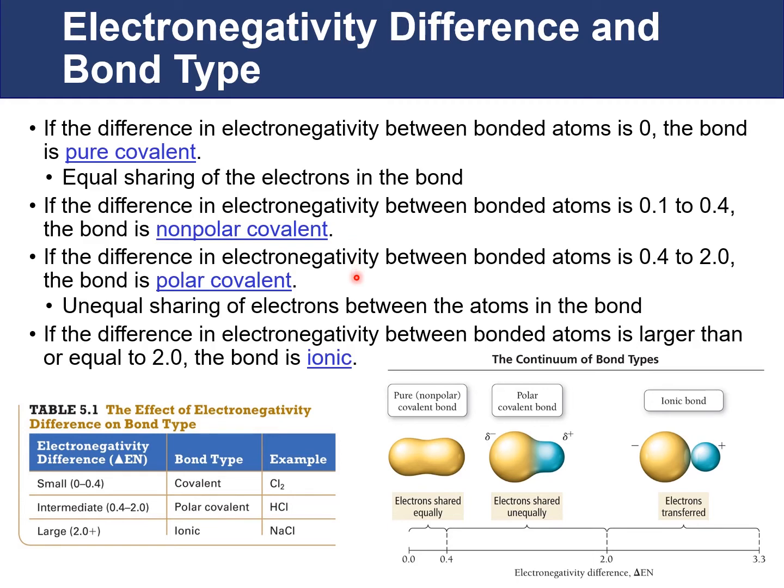If the difference, however, in electronegativity is larger, between 0.4 and 2, we will call these a polar covalent bond. It is a covalent bond that exhibits a polar behavior, so it has a plus end and a minus end. This results from the unequal sharing of the electron between the two atoms in a bond. In terms of where we are on the spectrum, we are on the left to middle side.